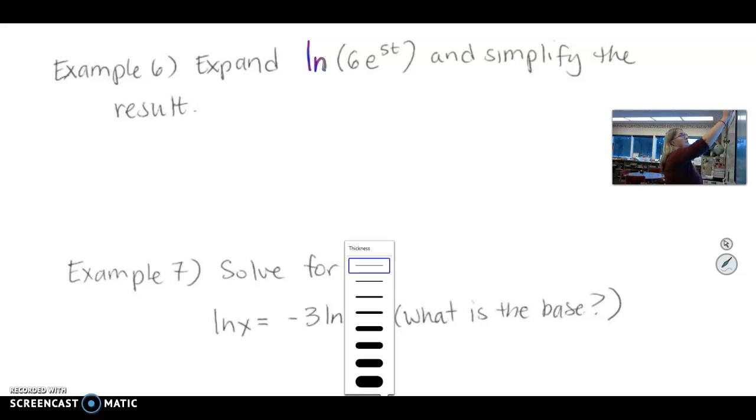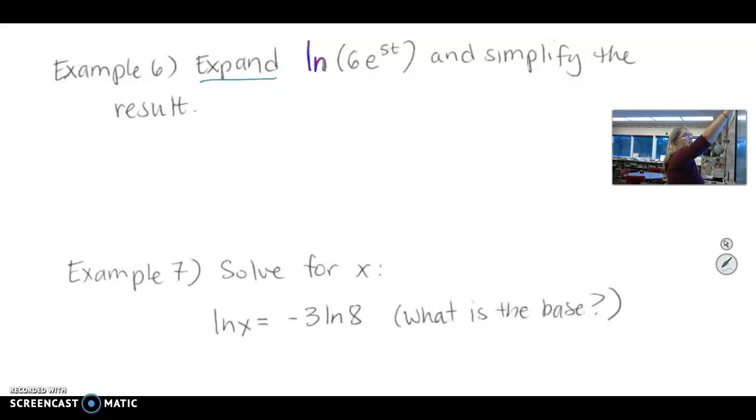So we're going to expand this ln of, we have a product in here, so it's 6 times e to the 5t. So when I expand this, I can write it out as ln of 6 plus ln of e to the 5t. That's how you say it. Instead of saying the whole thing, natural log of 6, we say ln of 6.